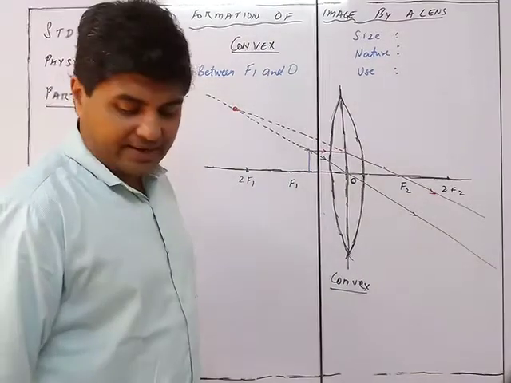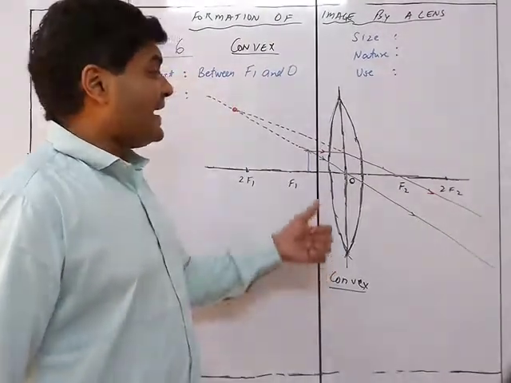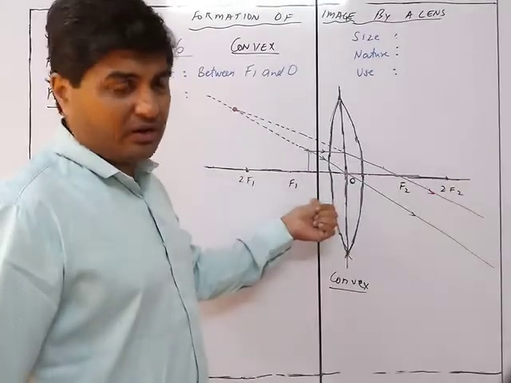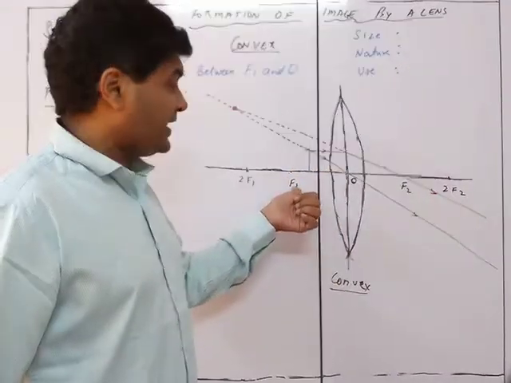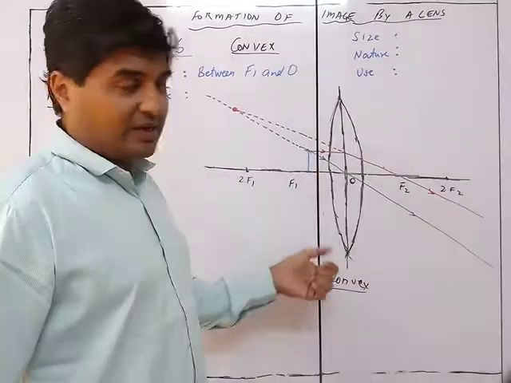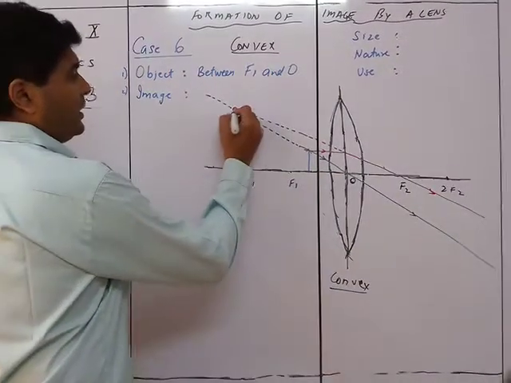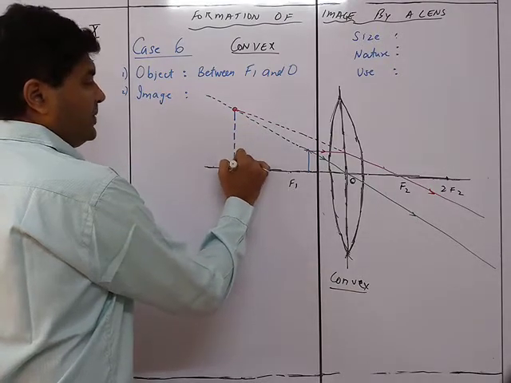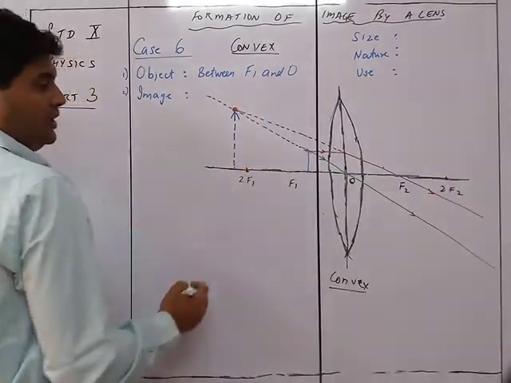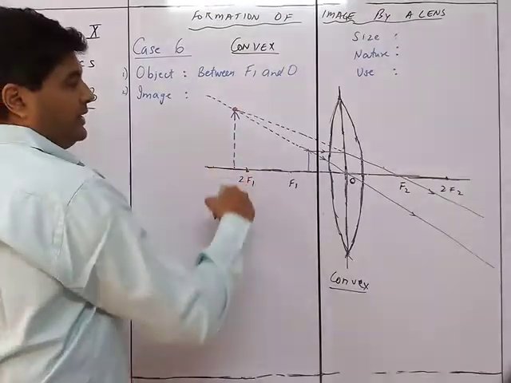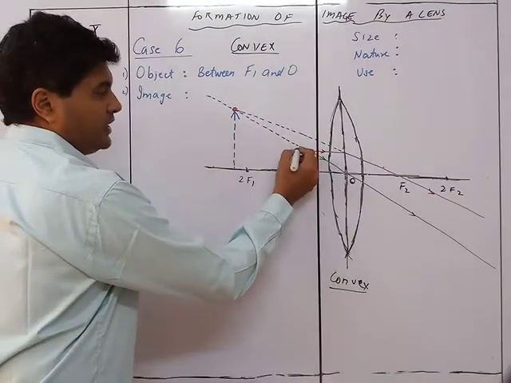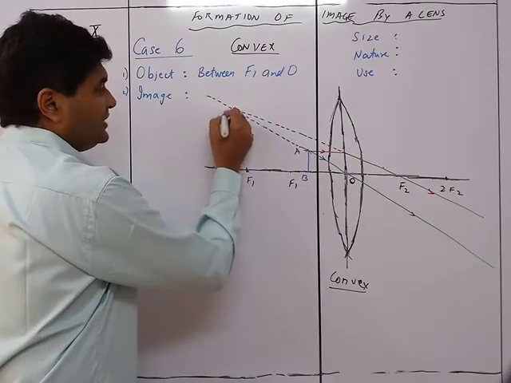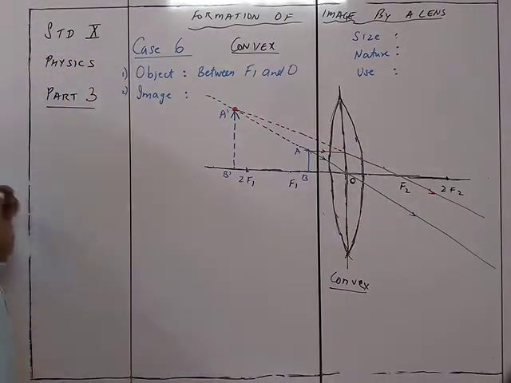So what does that indicate? It indicates that the image which will be formed by this particular object in this position of the lens will be a virtual image which will be erect. So here, this is the object AB, but this is the image B dash A dash.